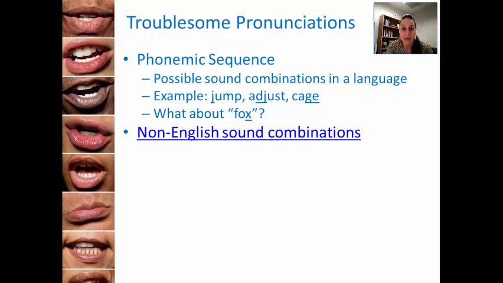So Stephanie becomes Estefany, or sport becomes esport. And so there's an e sound, which is represented by the e letter in Spanish, which precedes the s sound. Okay?